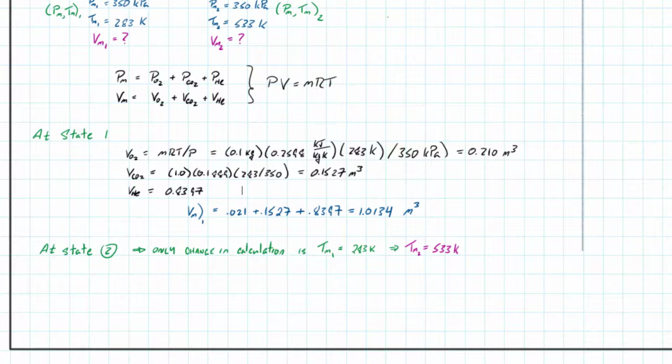We find out that the volume of my oxygen will be equal to 0.0396 cubic meters.